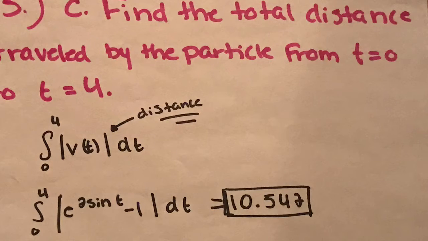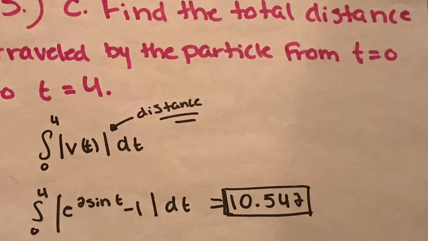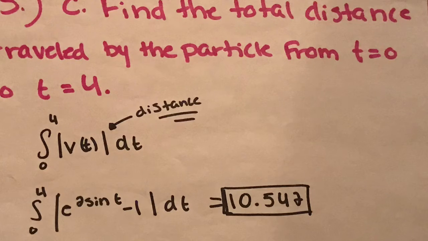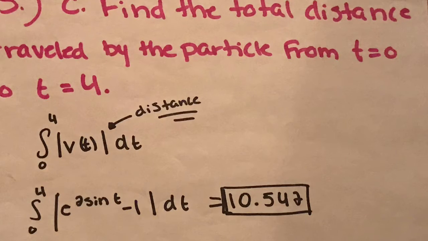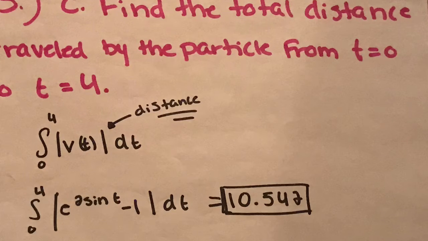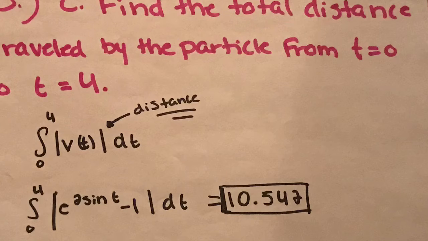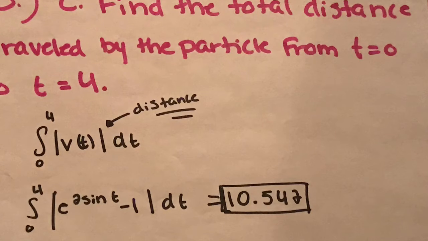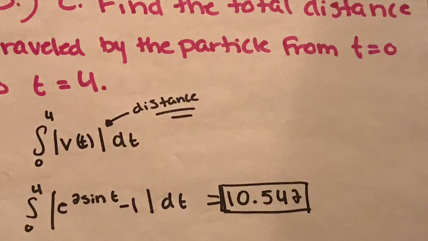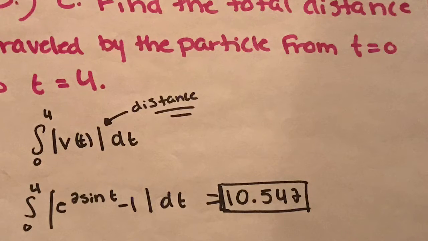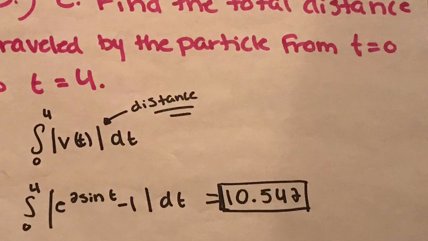You can plug this into your calculator by pressing math 9 and plugging in the function. To insert the absolute value bars, put your cursor into the function, press math, go over to num, and press 1. Once you plug this in, you'll get 10.542.